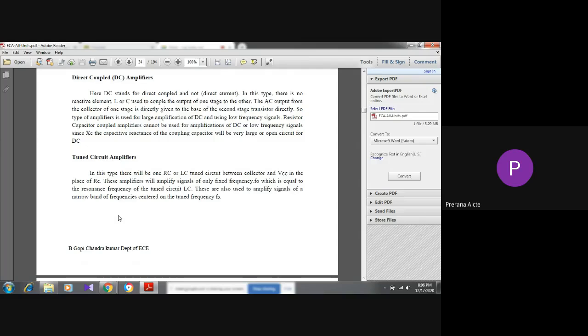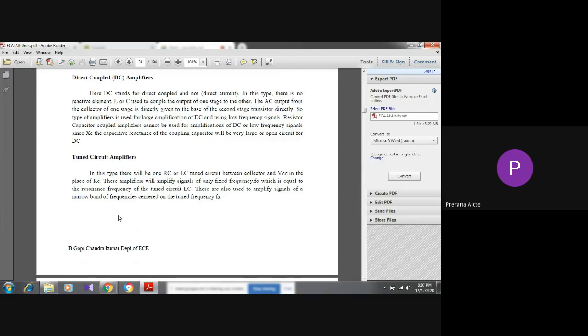In this type, there will be one RC or LC tuned circuit between collector and VCC in the place of RC. These amplifiers will amplify signals of only a fixed frequency. Whatever frequency you require, only that frequency will be amplified at the output. That's why these are called tuned circuit amplifiers, which is equal to the resonant frequency.